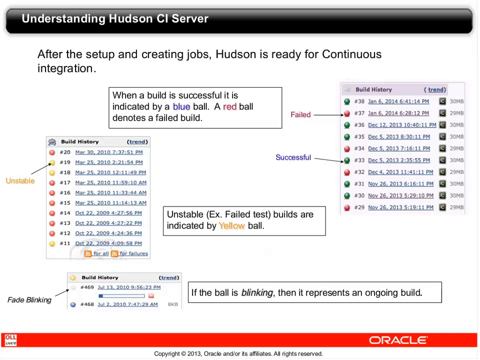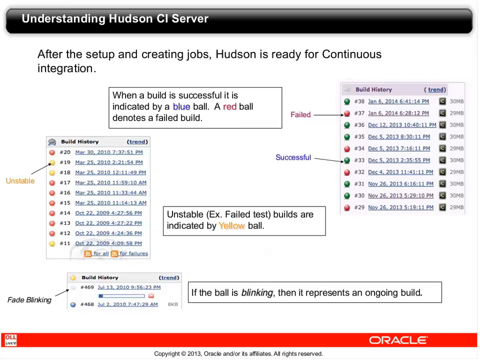It uses colors to say what the status of the job is. If it is red, it is obviously failed. If it is green, then it is success. Most of the time people may not know that it also provides a yellow ball, which says that the job has not failed, but it is unstable.